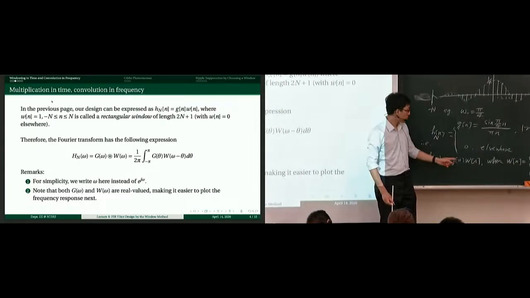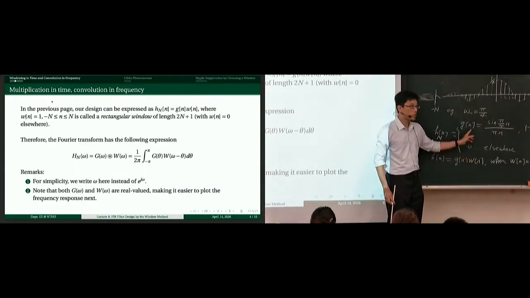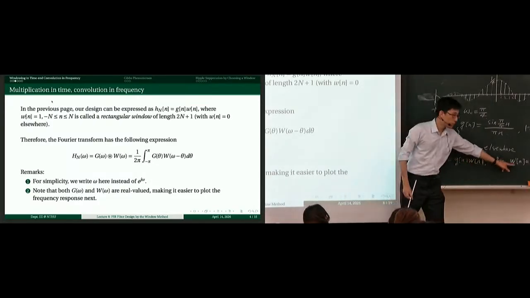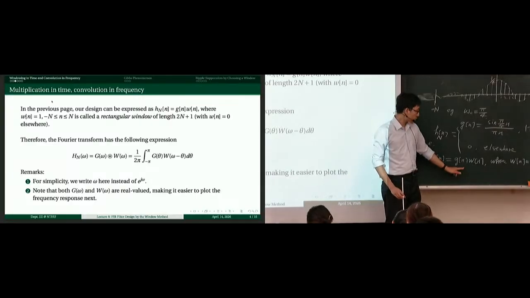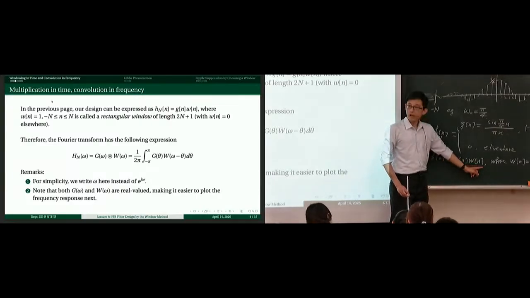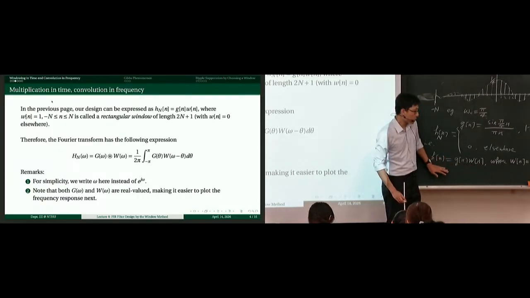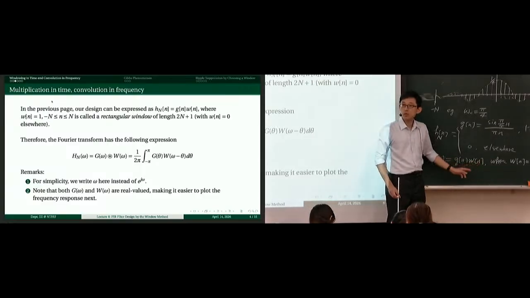So we can rewrite Hn as the product of G of n, which is our desired response, with this window function. That's the entrance point, because the advantage of this expression is that now we express H, our design, as the product of two things in the time domain.